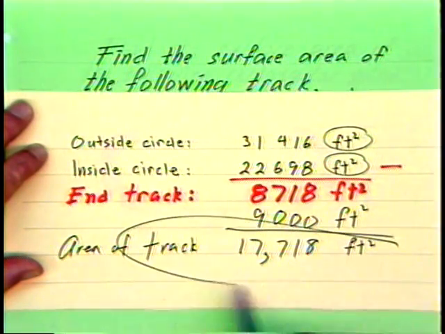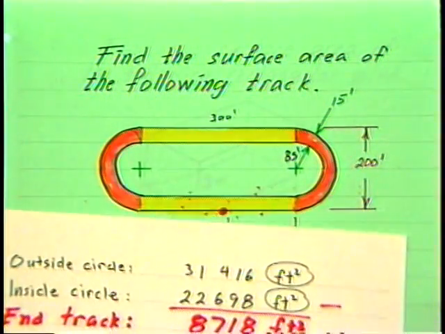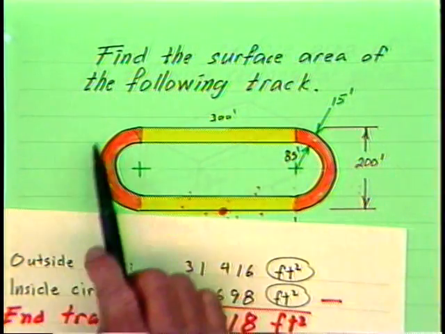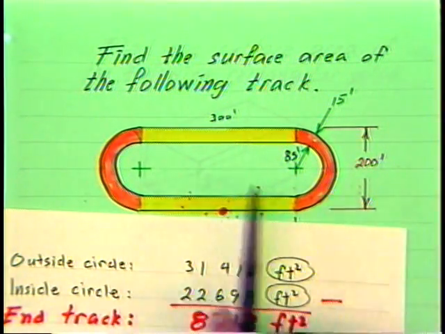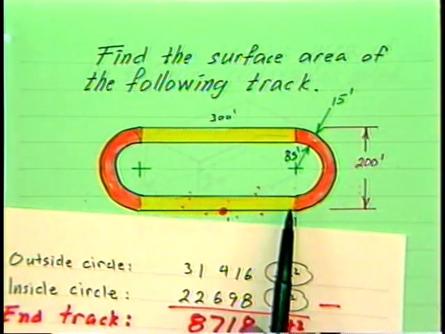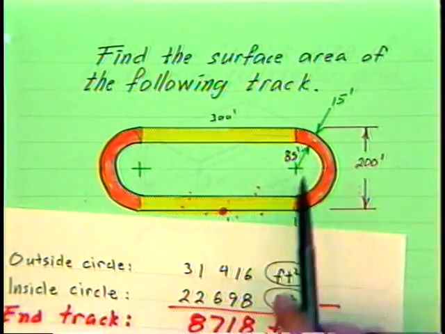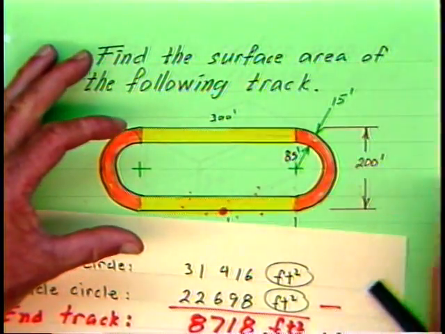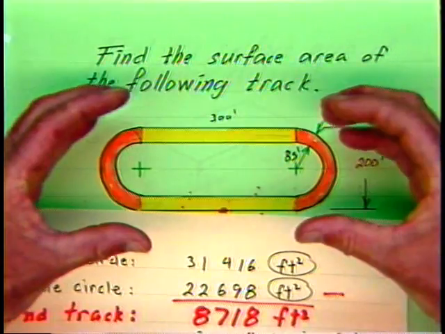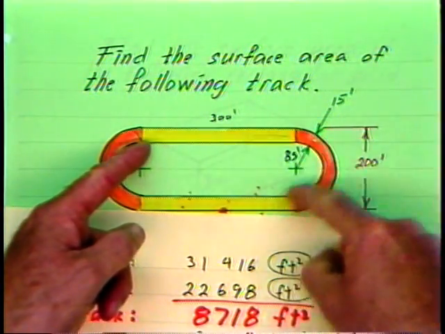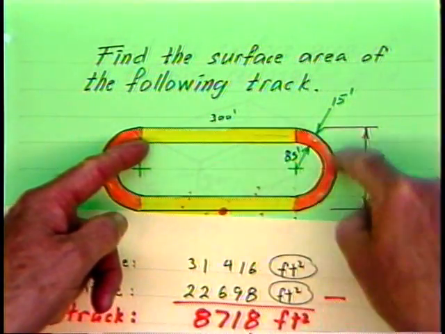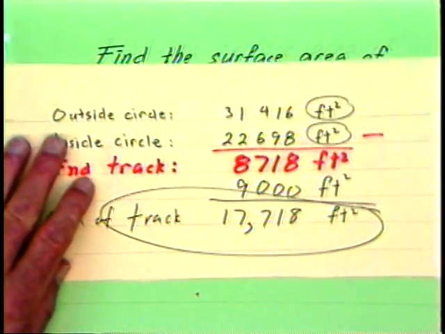And so our problem has been accomplished by breaking the original track into recognizable units. Two rectangles being added, and then two circles which are split apart, but two circles with the inner one being subtracted from the outer one.